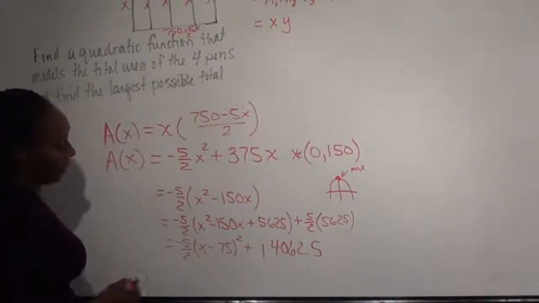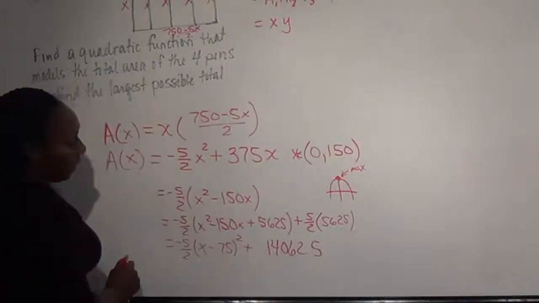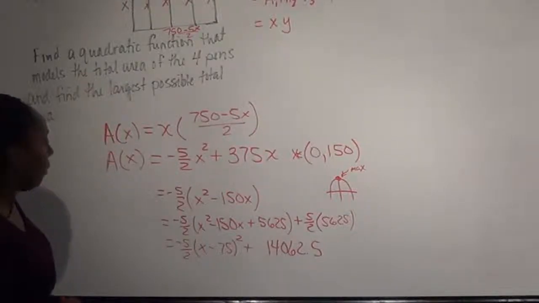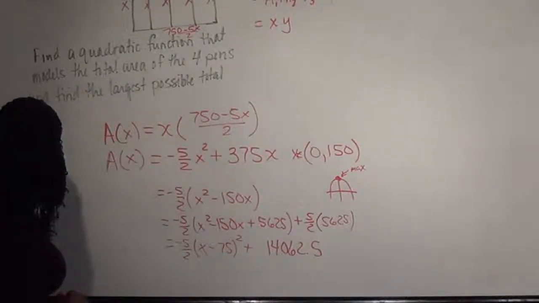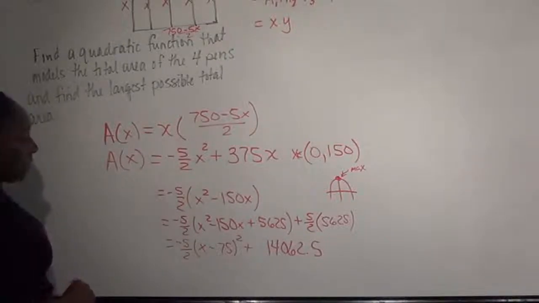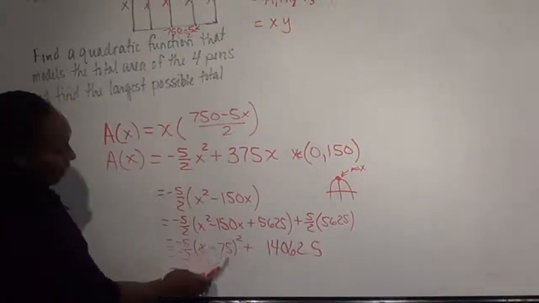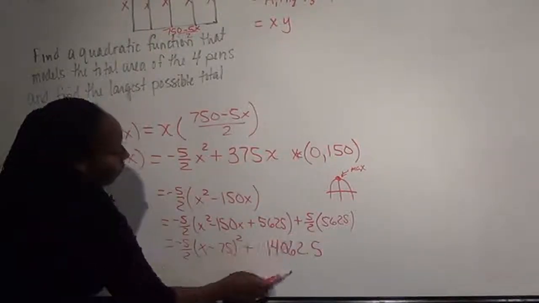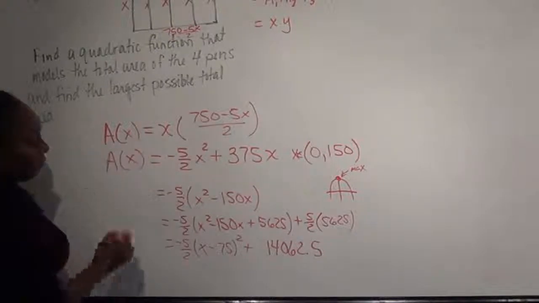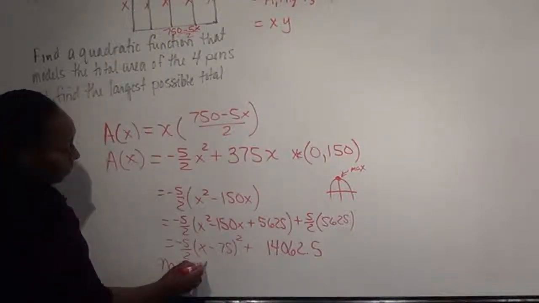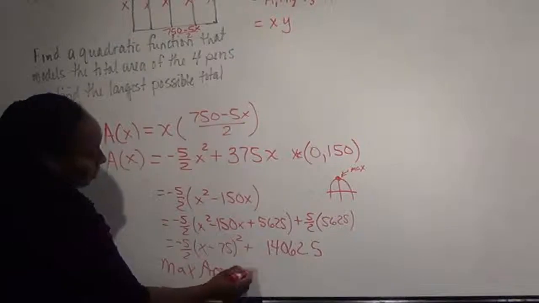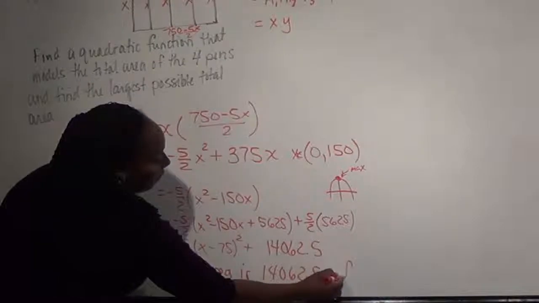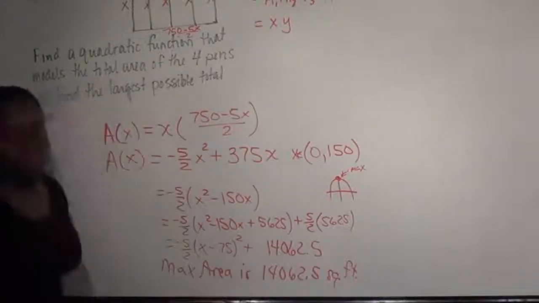Doesn't come out very nicely. But there is my completed the square for that quadratic. And this again gives me my solution. So I can look at this and see that when x is 75, so meaning when that height is 75, there is going to be my maximum area. So the max area for this one is 14062.5 square feet. Again, don't forget your units on these problems.